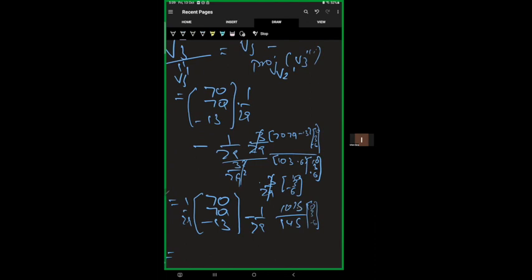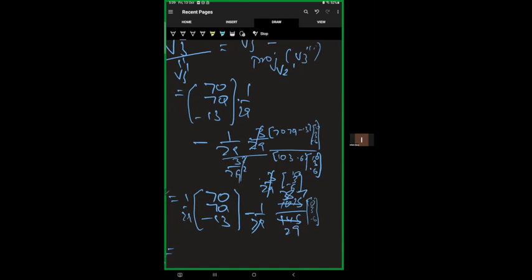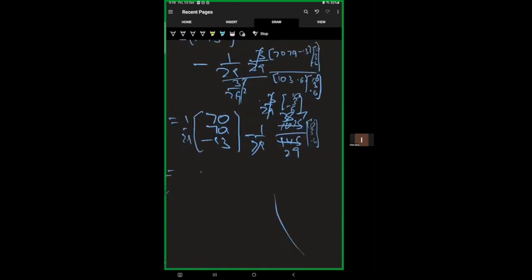Now it is to be noted that 1015 is a multiple of 29. So we get 35, and from here subtracting, we get 7 and 29. So from here we get 1 by 29, 70, 79 minus 13 minus 7 by 29 into 10 3 minus 6. This is equal to 70 minus 70, 0. 79 minus 21, which is 58 upon 29, equal to 2.